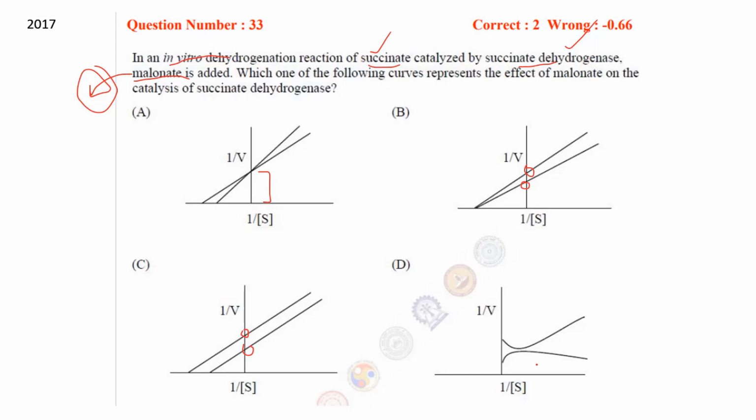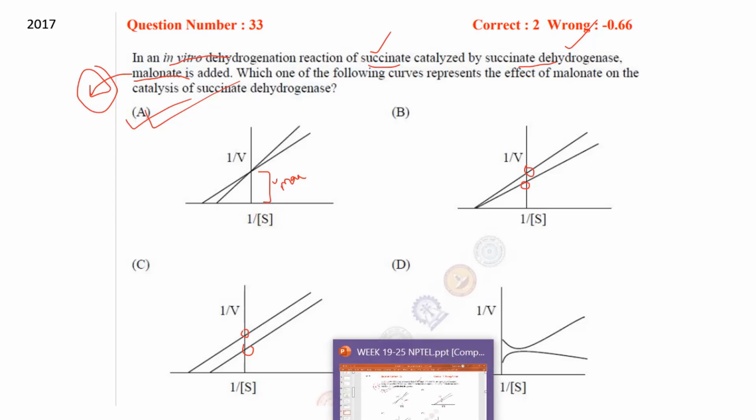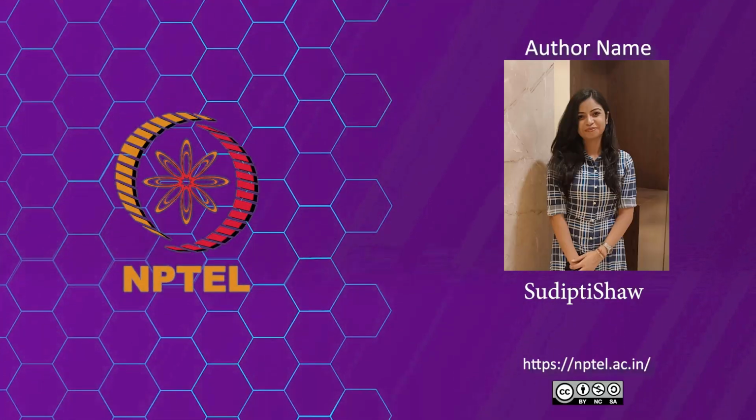Here it is a completely different kind of graph. So A would be the answer for competitive inhibition. This indicates this is same, and therefore Vmax is same, but the slope is different, the x-intercept is different. Therefore, this is an example of competitive inhibition.